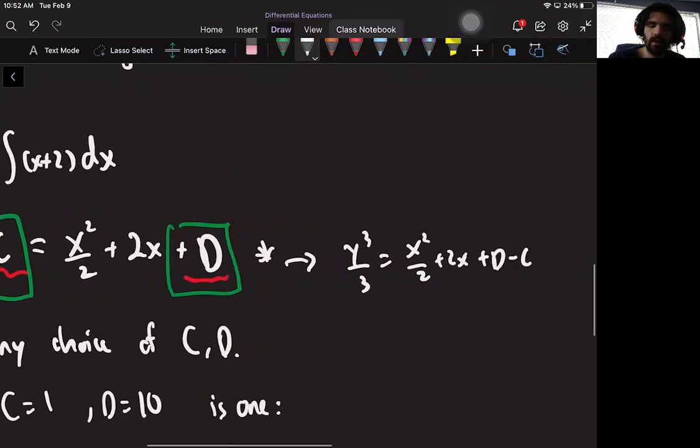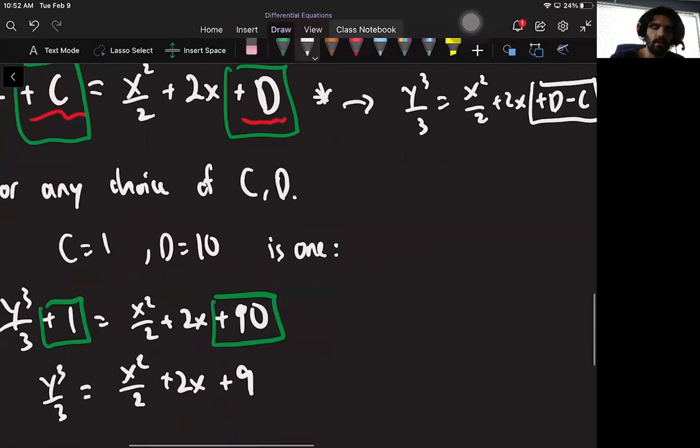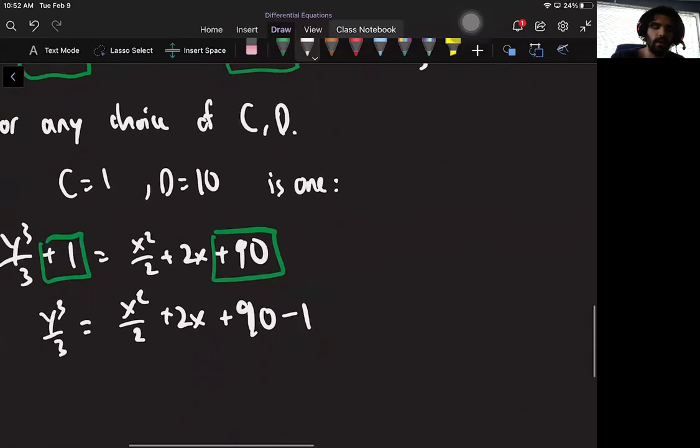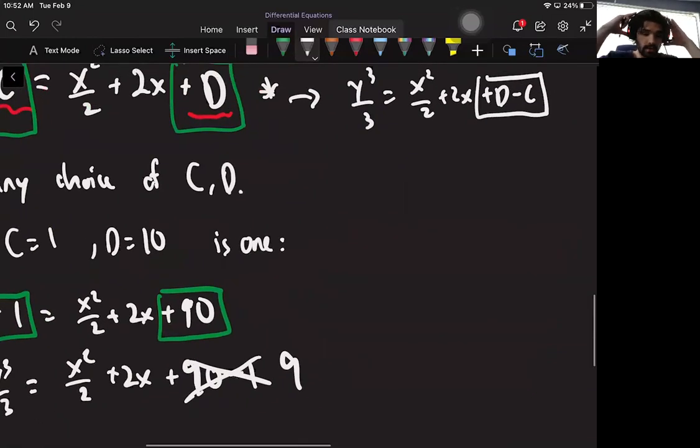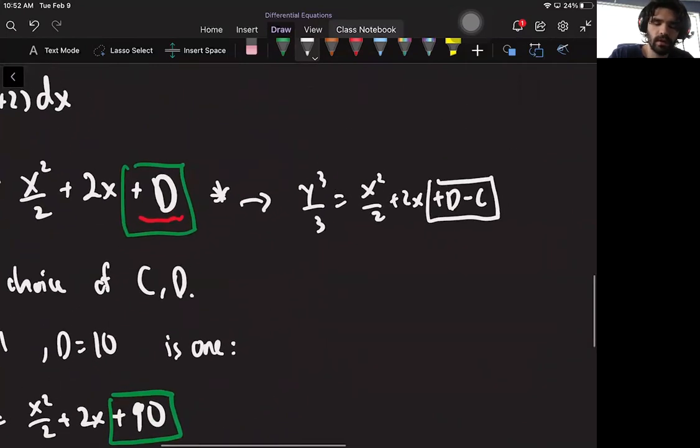And then it really doesn't matter that this is a difference of 2 constants. It's really just a constant. So that's what we see going on here. Why would I write this as 10 minus 1? I could just write it as 9. And so you're just saying that there is a constant there. Doesn't matter what you call it.